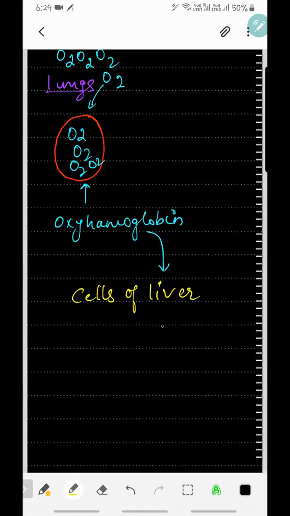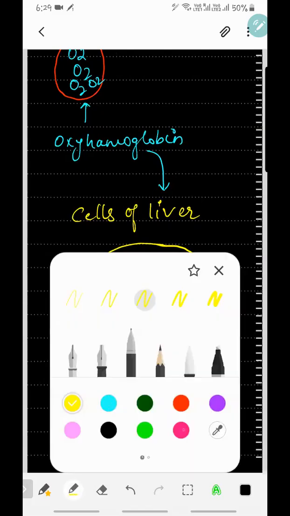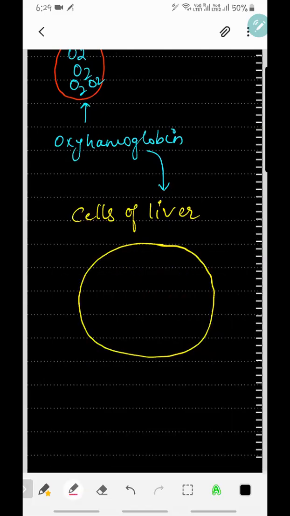So we can draw one cell of liver. In that cell there is a nucleus, genetic material, there is a mitochondria, and many other cellular organelles are present in it.